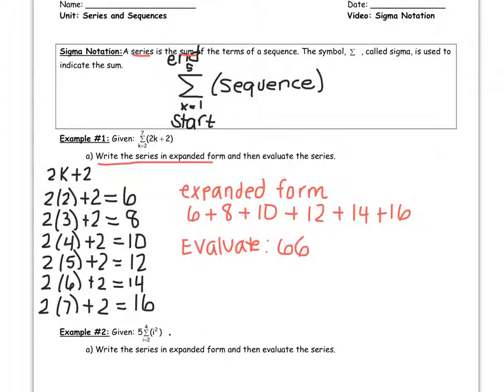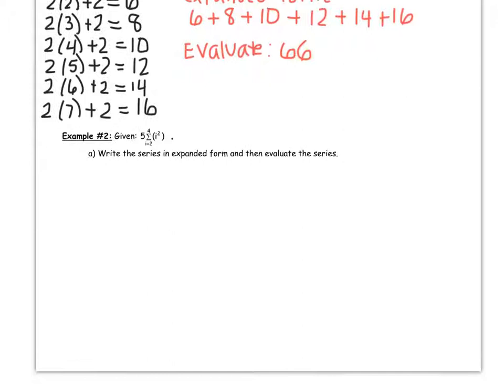Okay, let's look at example number 2. It's the same concept, except there's a 5 in front. That actually means I'm going to take my sum from here to here, and then multiply that answer by 5. So this is kind of like super big parentheses with a 5 in front.